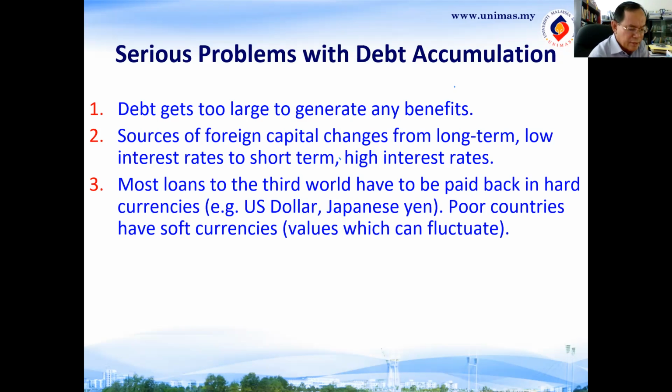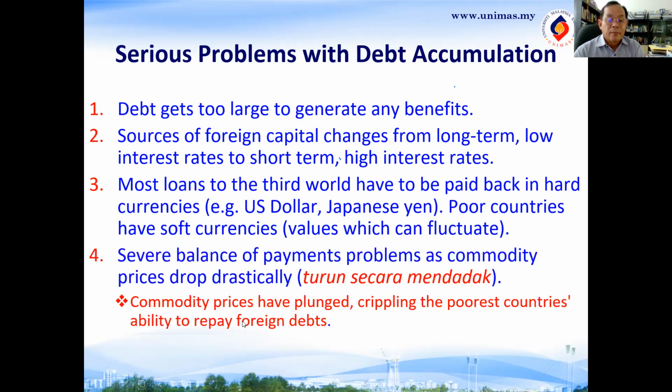Many of the poor countries' currencies are soft. Soft meaning the value fluctuates, yeah, very much. Kalau dibandingkan dengan hard currencies, currencies tak banyak berubah nilainya, ya. Right, so nilainya berubah, ya, frequently.